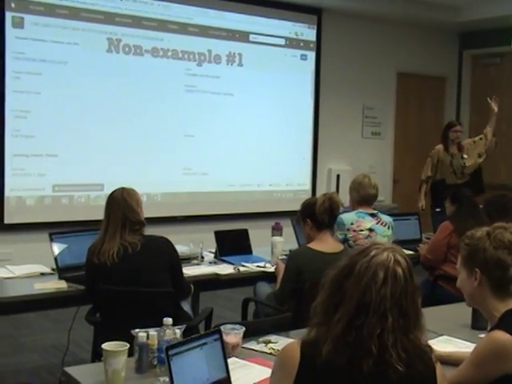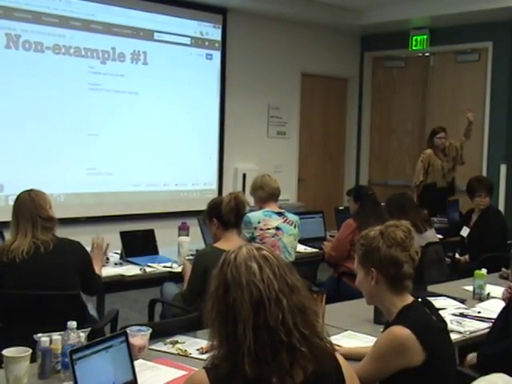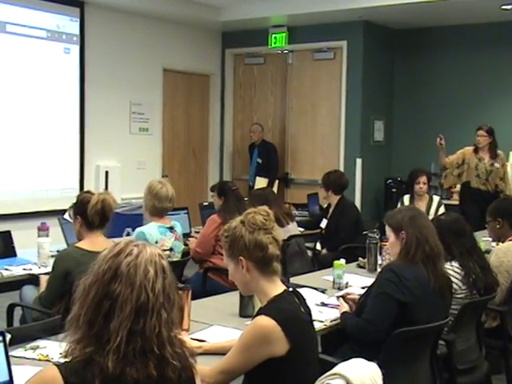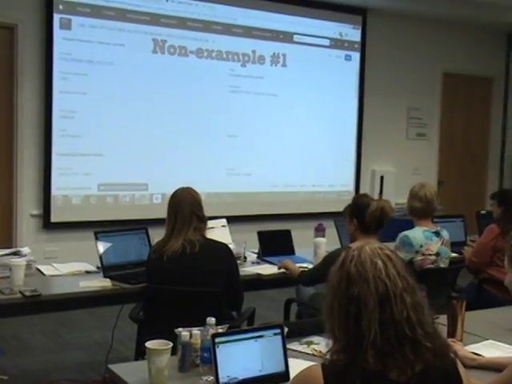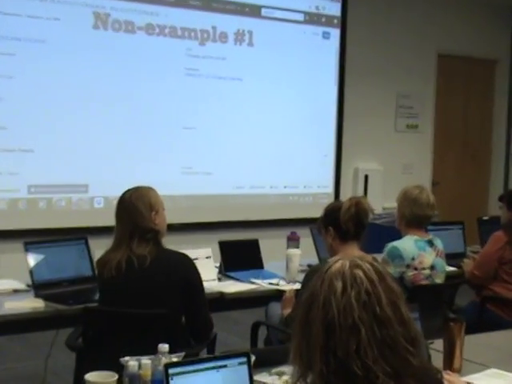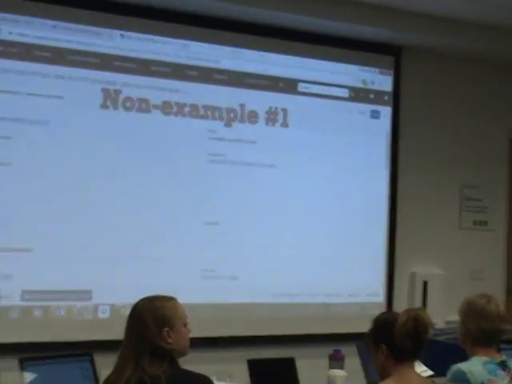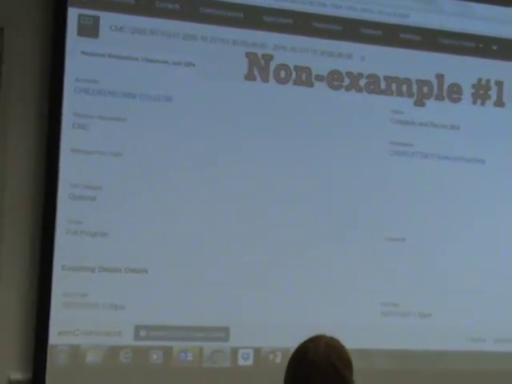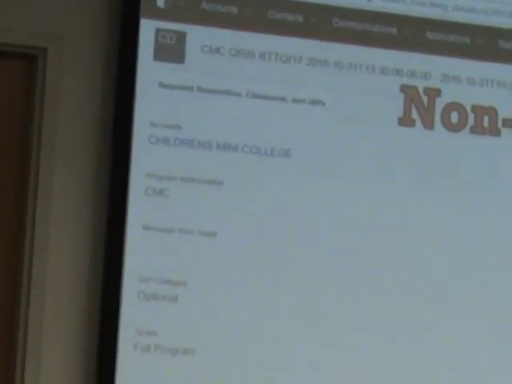Okay, who had non-example number 1? Who would like to tell me what's wrong with this one? In preparing for this, we found this one in our council, and we were like, ooh, a non-example. Here we go. The program abbreviation doesn't match the abbreviation in the front of the requisition.